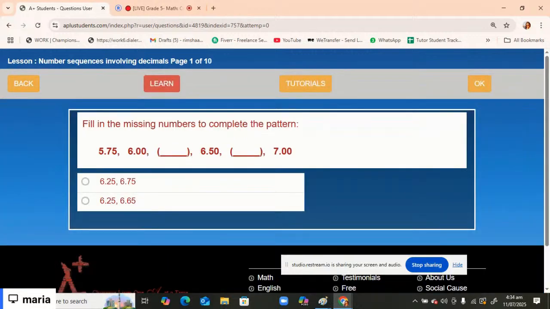Sometimes only 1 is increasing, sometimes 0.5 is increasing, sometimes 0.25 is increasing. It depends. When we see the full question, then we understand which number is increasing or which number is being added, and then we get the other numbers.